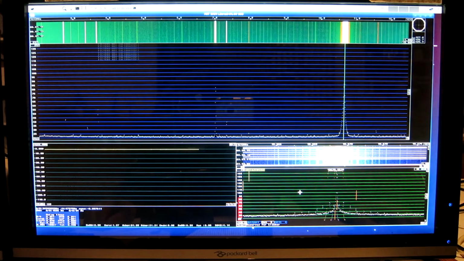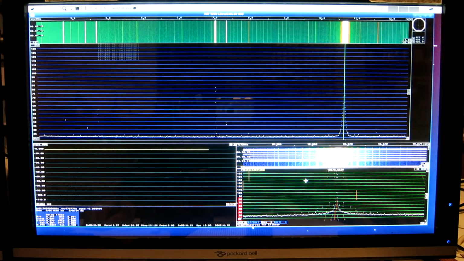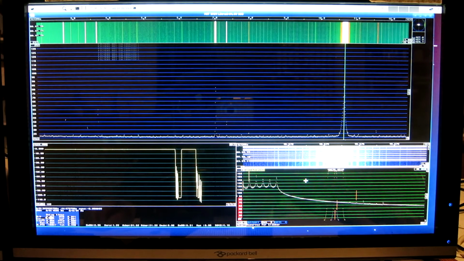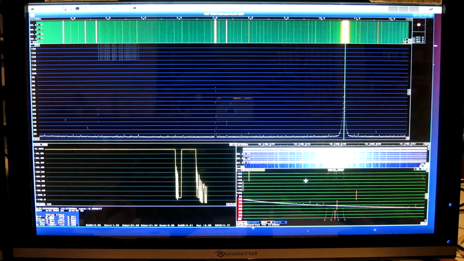So now when I move away from the carrier with the mouse wheel, like this, let's see, we had 670.5, 680.5.